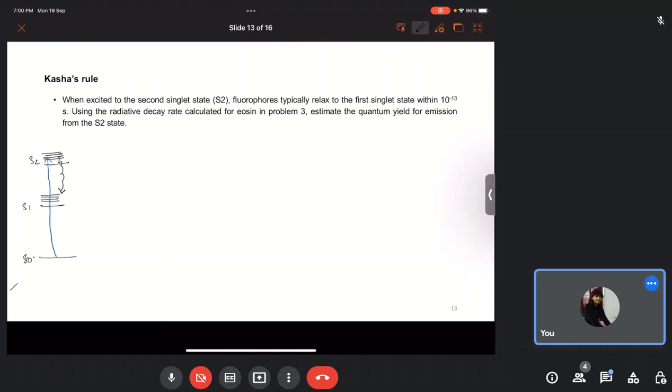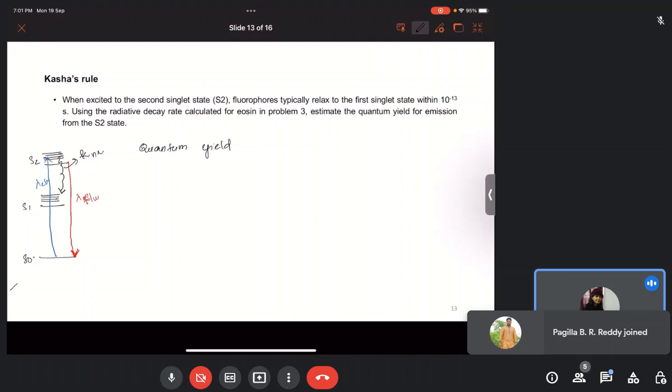We have to calculate what is the quantum yield for this particular process. So this is the radiative process, or lambda of fluorescence. This is lambda of absorption, and this is a non-radiative process.